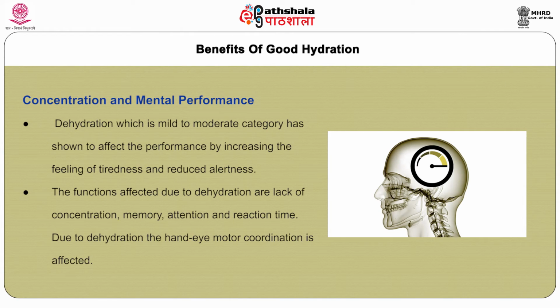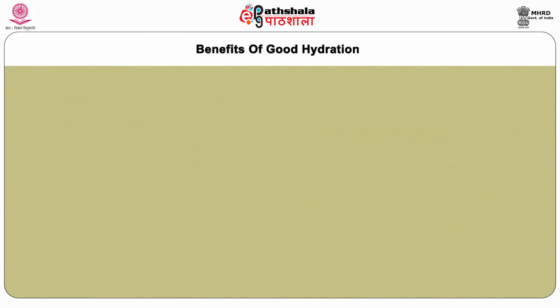The functions affected due to dehydration are concentration, memory, attention and reaction time. If this condition is not treated, the performance of an individual deteriorates further. Due to dehydration, hand and eye coordination, that is eye-hand coordination, is affected. The immediate revitalizing effect can be achieved by consuming a lot of water.